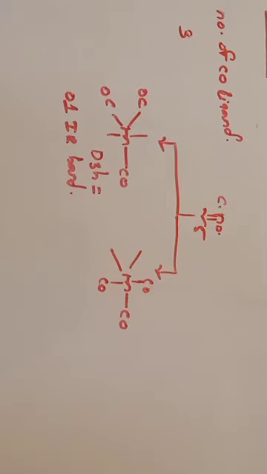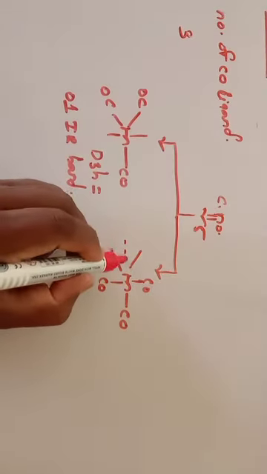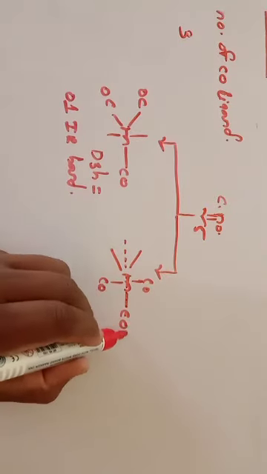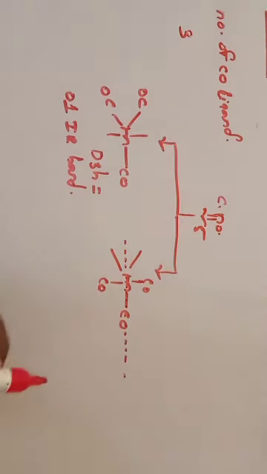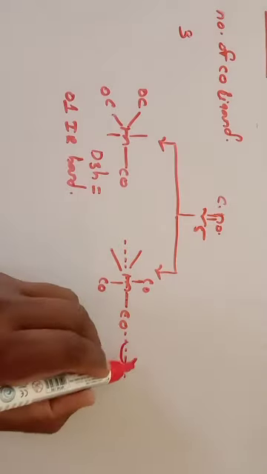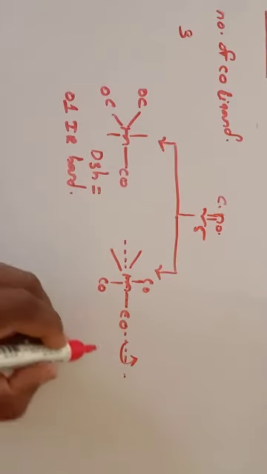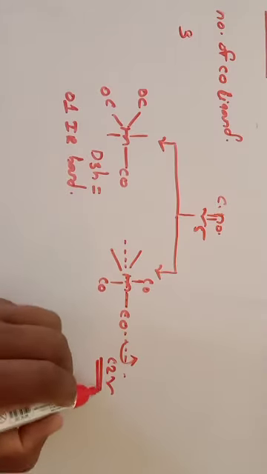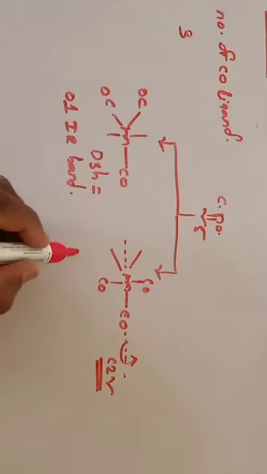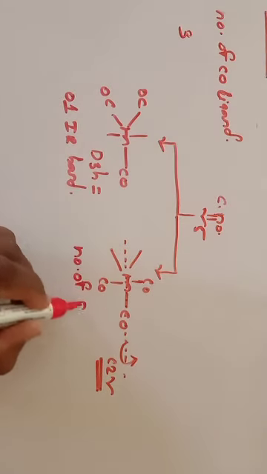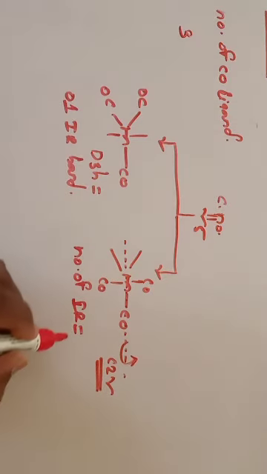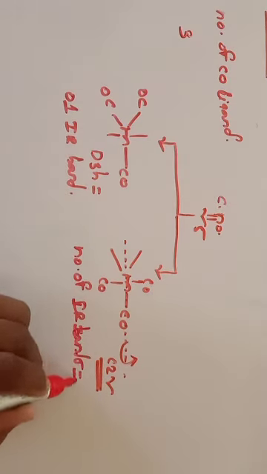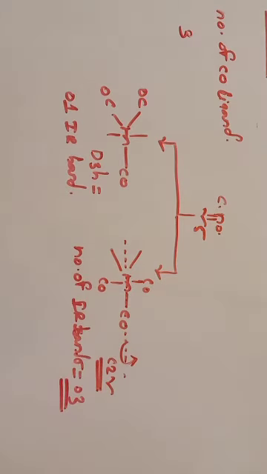If you pass the axis through the M-CO, it divides the molecule into 2 equal halves, so the point group of this isomer is C2V. For the C2V point group, the number of IR bands is equal to the number of carbonyls, so the number of IR bands is 3.